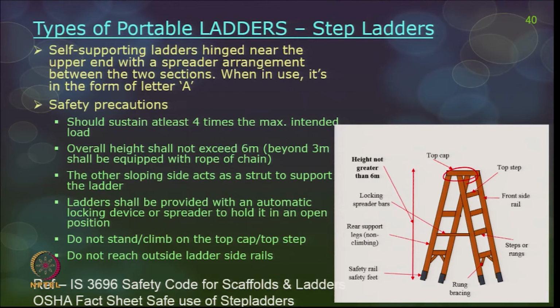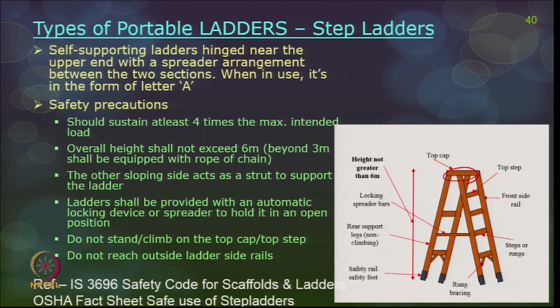When in proper use, it looks like a letter A, and that is why it is called an A ladder. Safety precautions, again: this ladder should also be able to sustain at least 4 times the maximum intended load, and this ladder has one side for people to climb, and the other side acts only as a strut and is only for support.